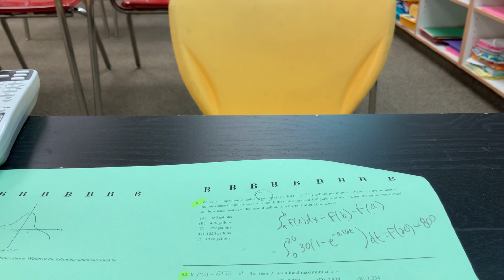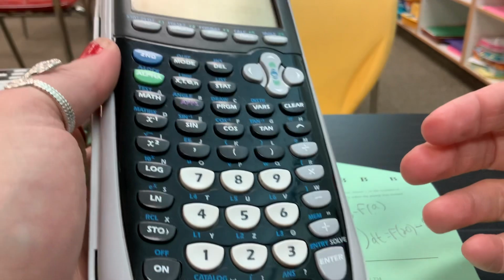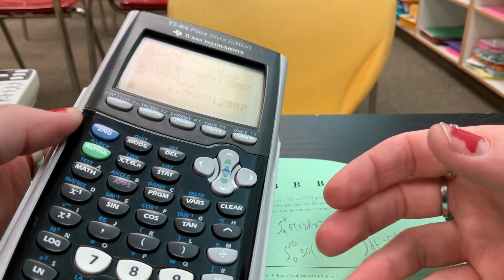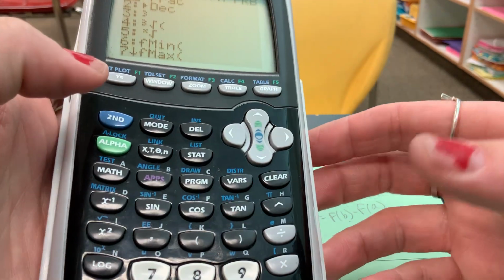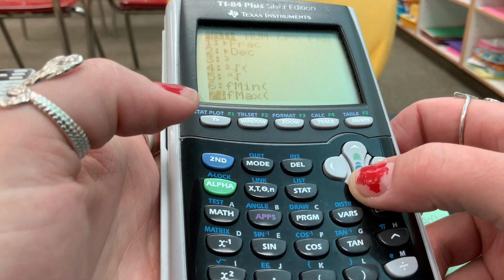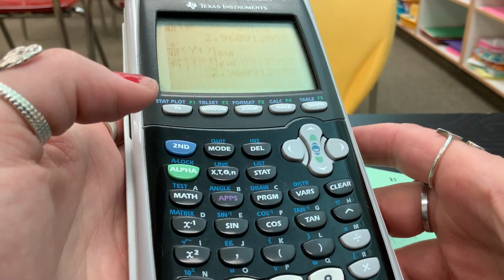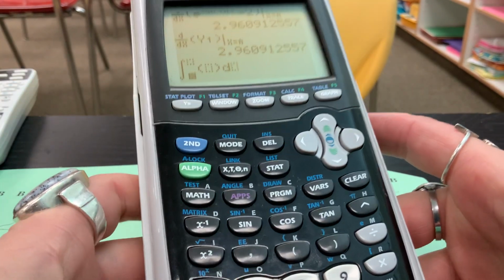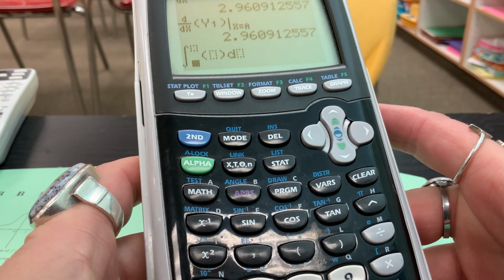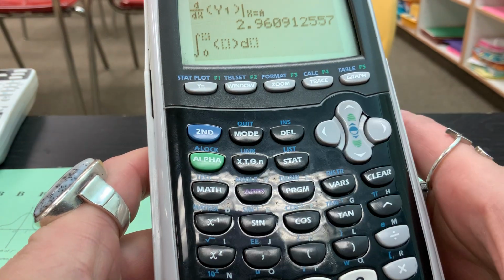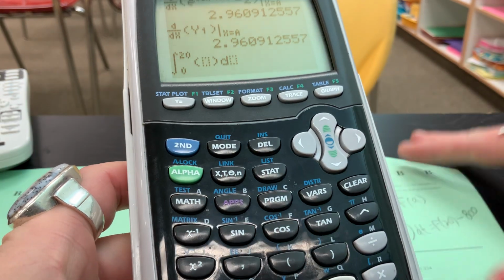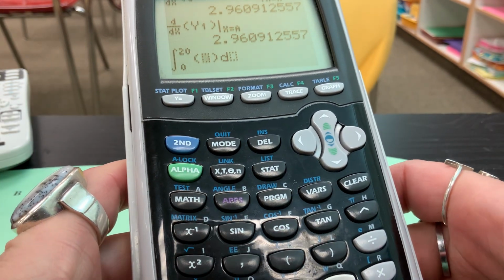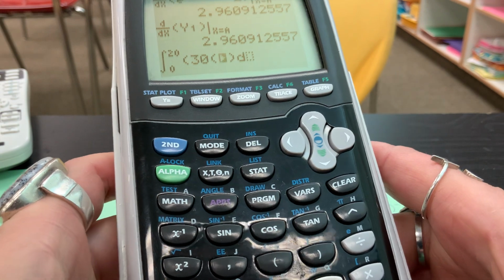Okay? So basically, you don't even have to really write that once you get the hang of this, but I'm going to use my calculator to do that whole thing. So I'm going to go math, go down to math 9, and I'll go 0 to 20. Type in the equation just as it looks.